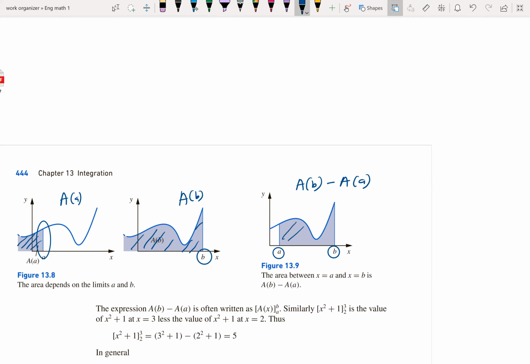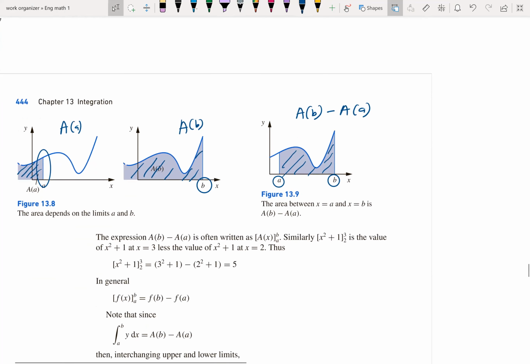Then that's how we get only this area. So we write the function, and after integrating we just put F(b) minus F(a).